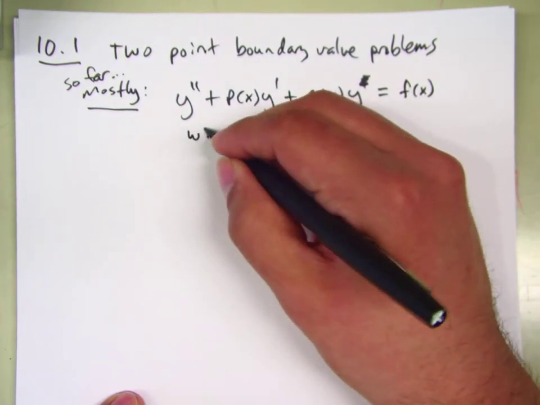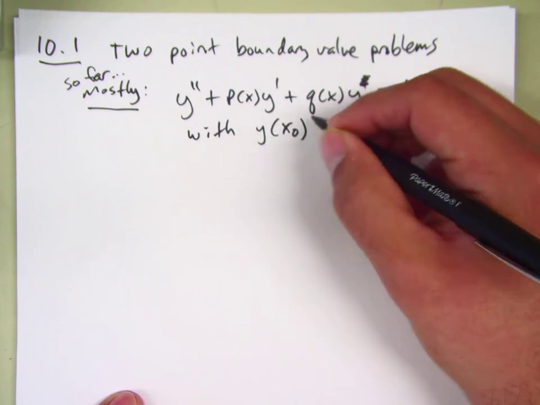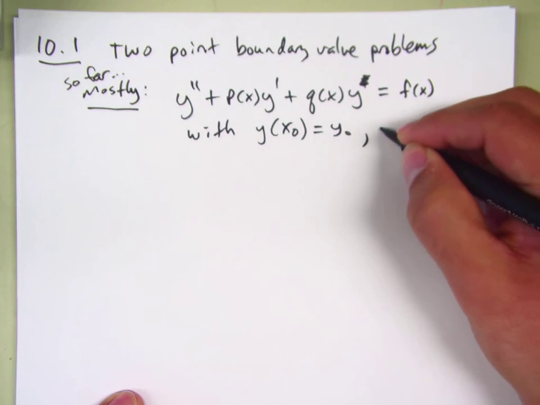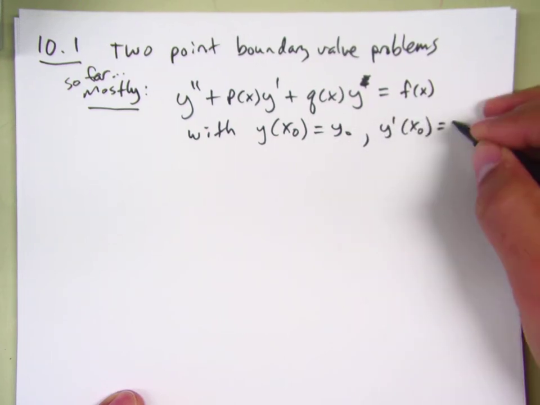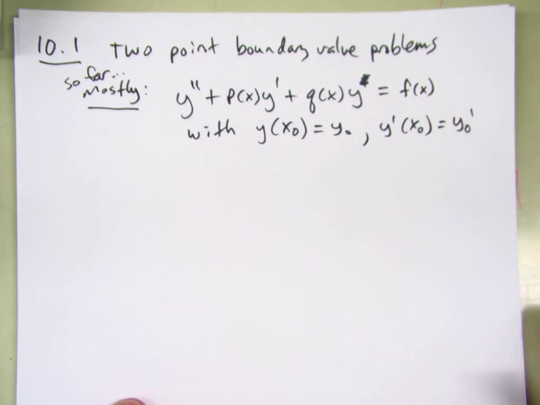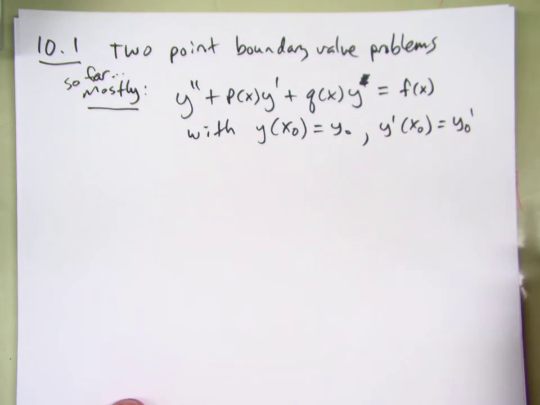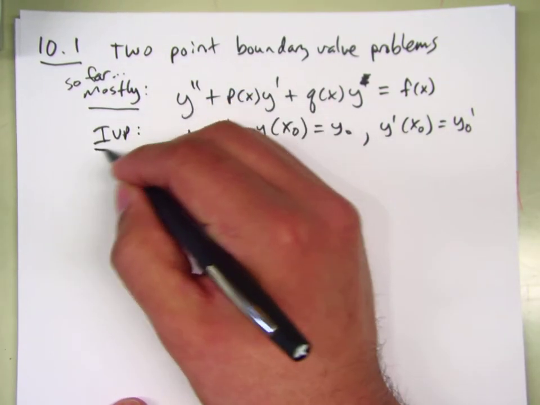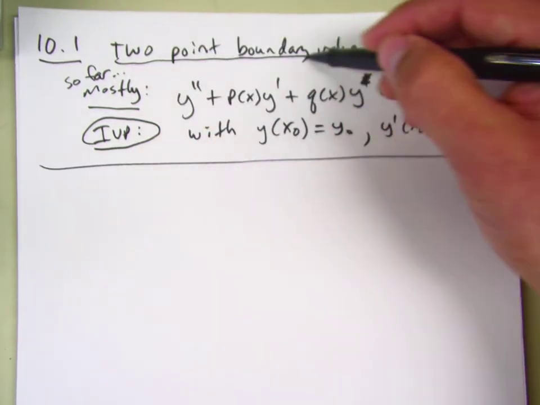Okay, and then we have initial conditions, such as y of a point equals y naught, and then y prime at that same point equals some other y value, which we'll call y naught prime. Okay, so this is an IVP right here. So that's what we've been dealing with for the most part so far.